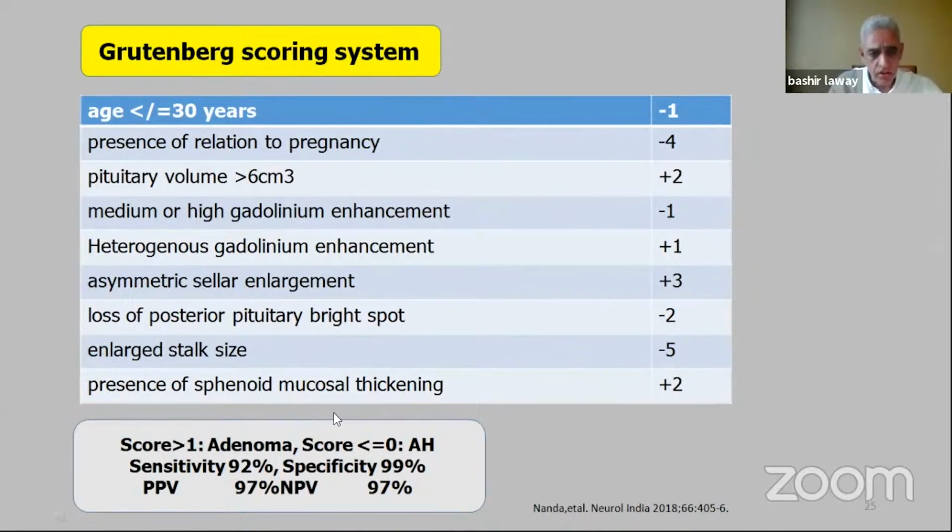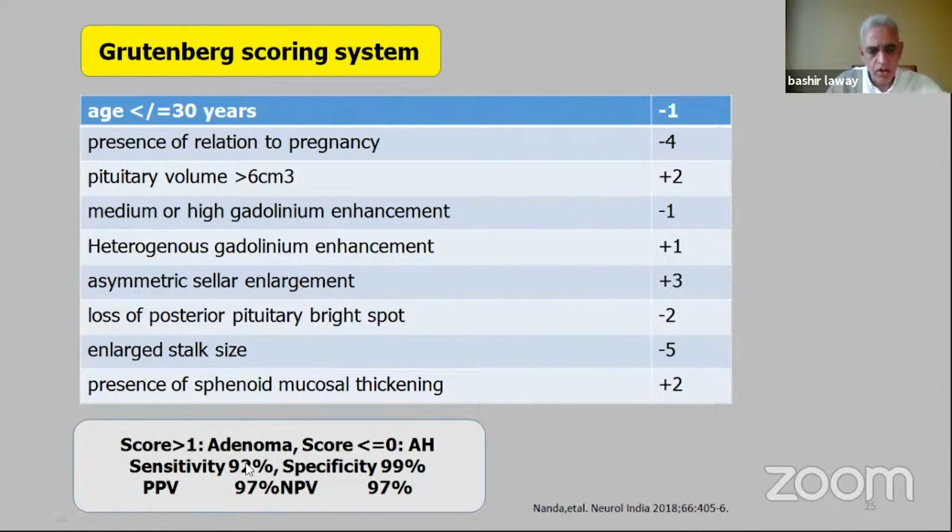But if you have sphenoidal mucosa thickening, it goes with pituitary mass. Similarly, if you have a big mass, more than 6 centimeters, it goes with a pituitary adenoma. Because lymphocytic hypophysitis usually happens in relation to pregnancy, that also goes with lymphocytic hypophysitis. Score of more than 1 means adenoma, less than 0 means autoimmune lymphocytic hypophysitis.